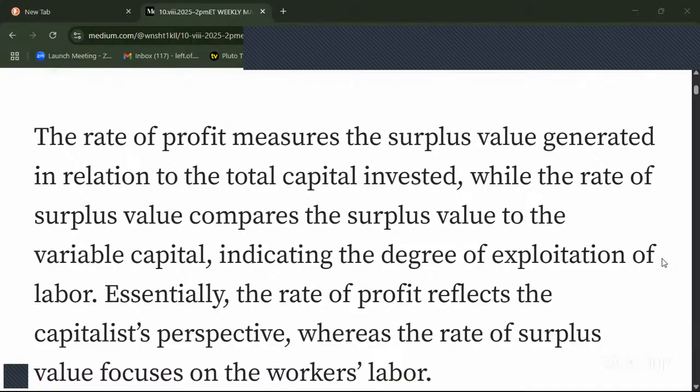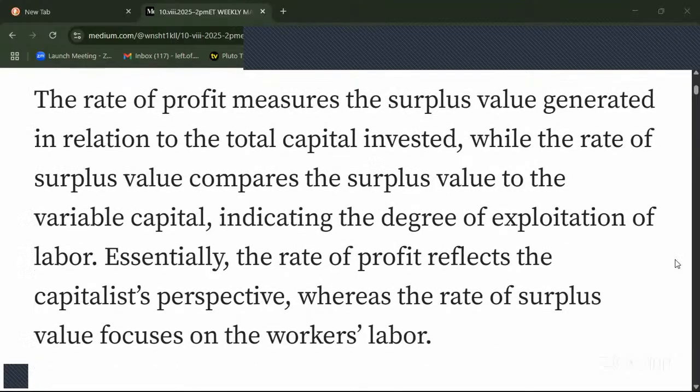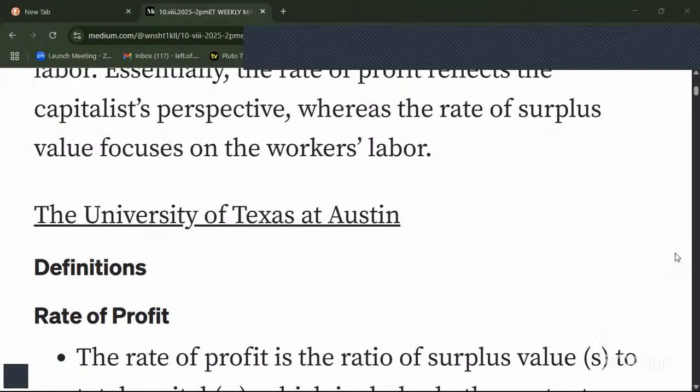Essentially, the rate of profit reflects the capitalist's perspective, whereas the rate of surplus value focuses on the worker's labor. What a more interesting idea of a subject with multiple points of view or standpoints. Now, this is from Harry Cleaver's notes on Capital Volume 1.